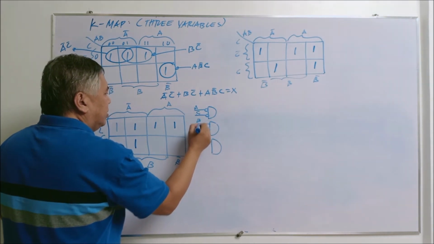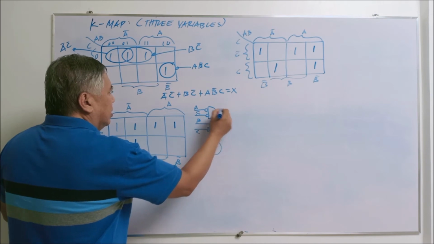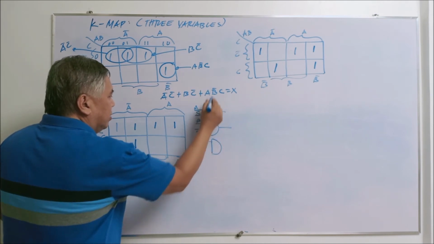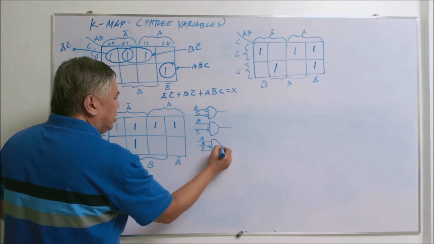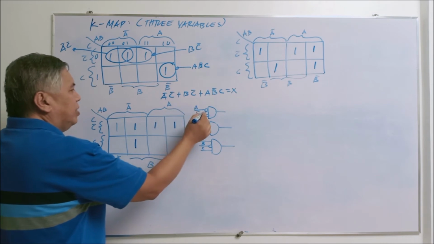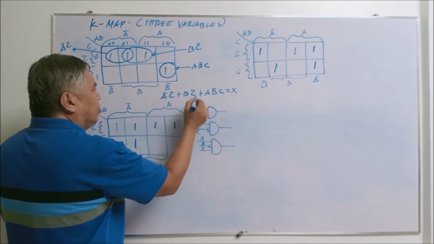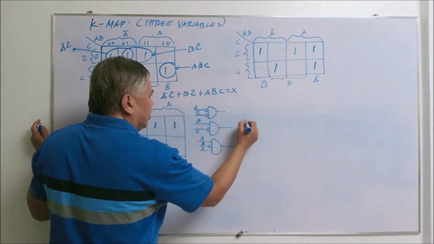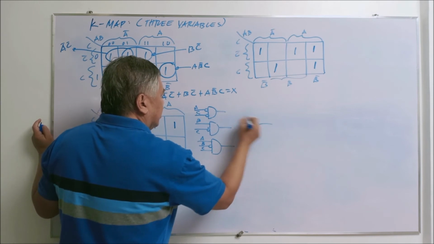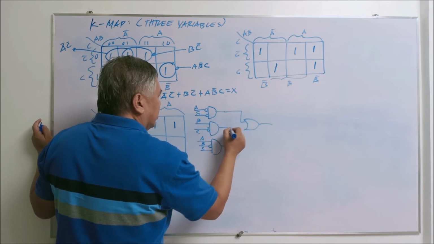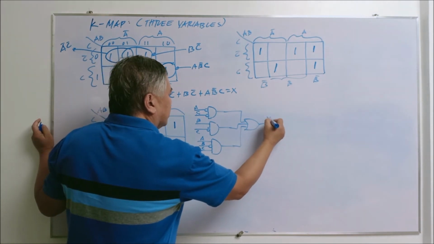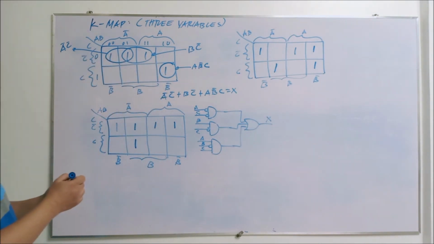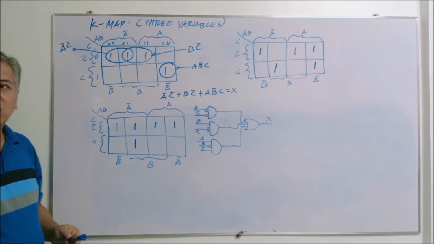So you have B, C, and then A, B bar, C. So you have A, B, C, and then all of these AND gates are being ORed together. So you draw an OR gate. That is your X. That will be our logical circuit equivalent.